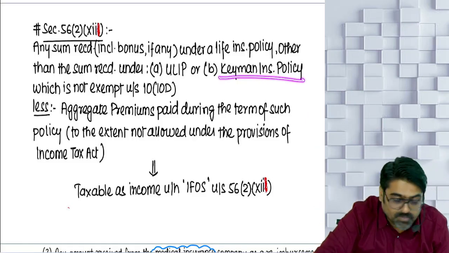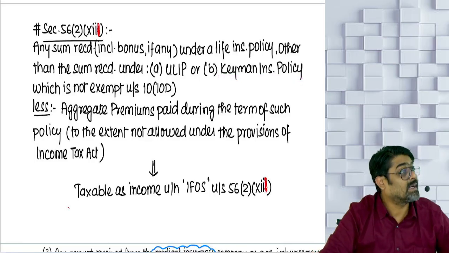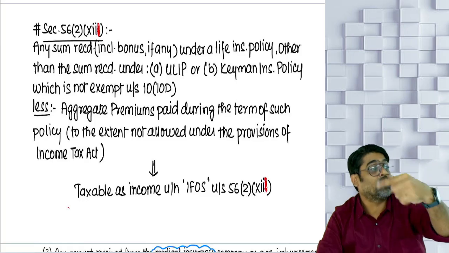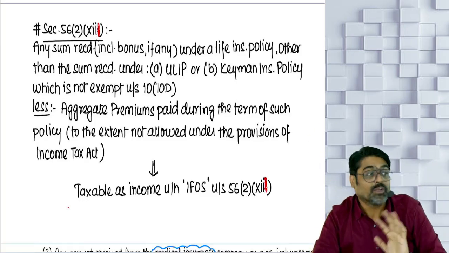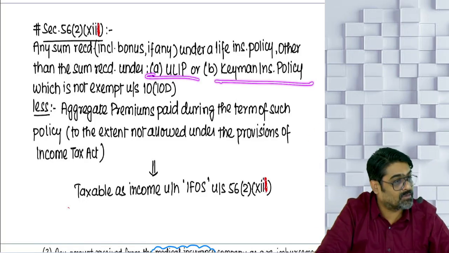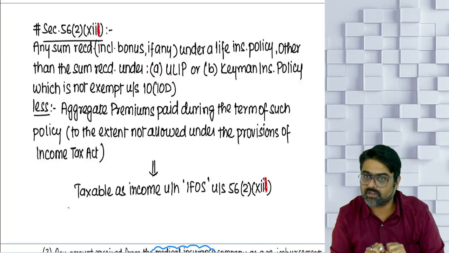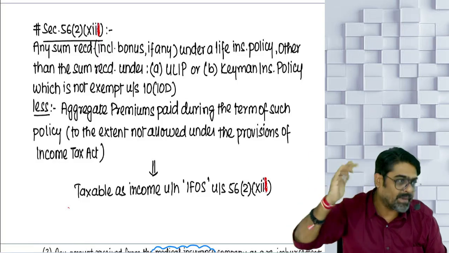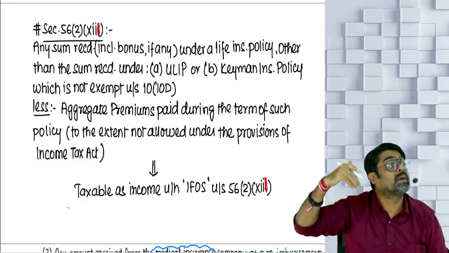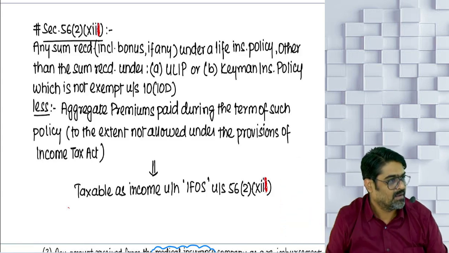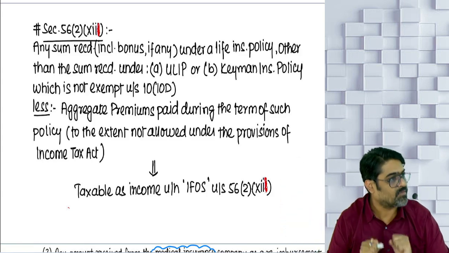And Keyman insurance policy amount is separately taxed under clause number 4, either under PGBP or under the head salary. So we are not talking about these two sums, because they are already taxed separately under capital gains, PGBP, salary or IFOS.